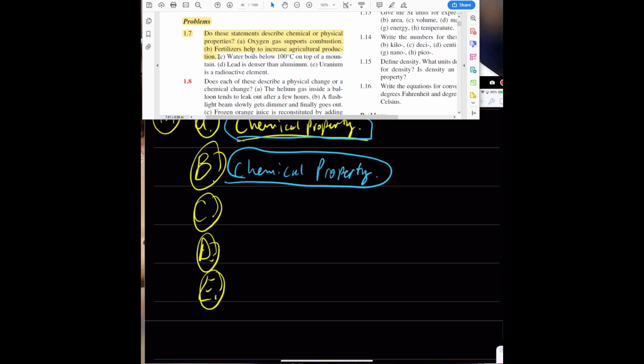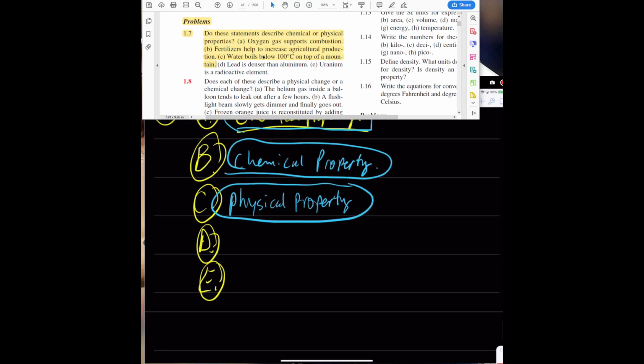Now part C. Water boils below 100 degrees Celsius on top of a mountain. This one here is going to be a physical property. Okay, thoughts behind this one?